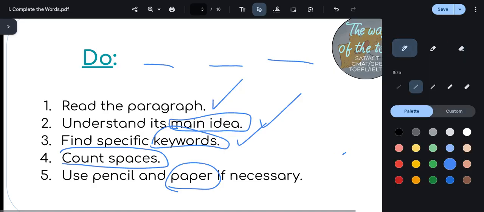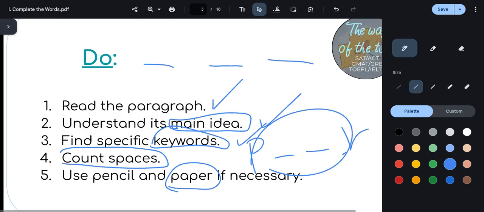Let's put P dot R. Oh, paper, right? Because in the context it may sound like paper. Like I need some paper to write. But if you don't count the spaces, you won't be able to notice that they don't match. You cannot put the word paper there because we don't have enough spaces. So you have to count spaces.